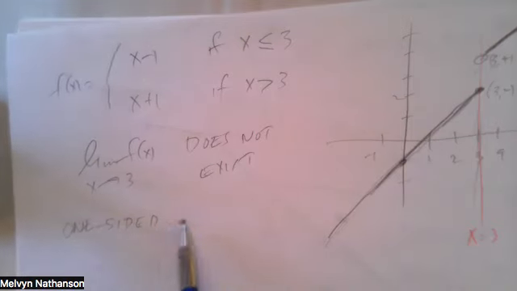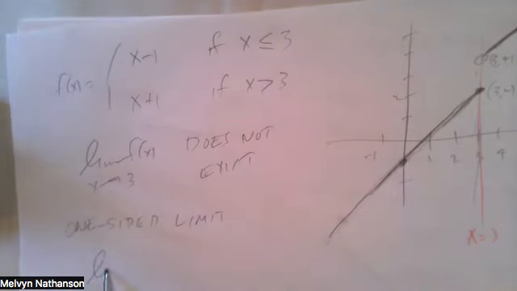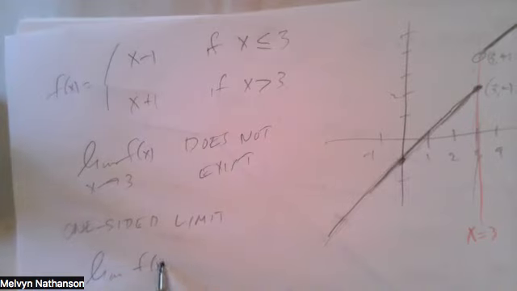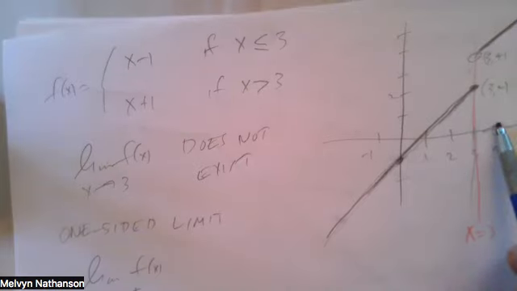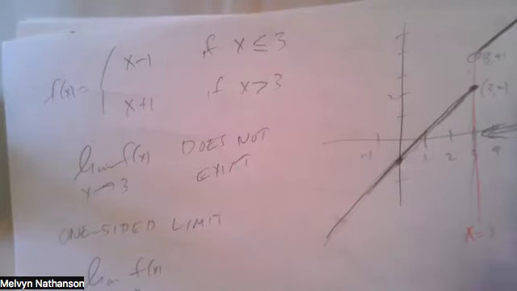So a one-sided limit, let's say you're coming from the right, the limit for this function f of x as x approaches 3, I'll put a plus sign on it, that means for numbers that are bigger than 3. So as you're approaching 3 from the right, the function is moving down this line and it's approaching the number 4.